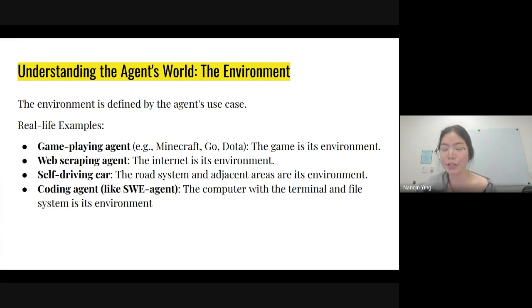The textbook mentions a lot of examples. For a game-playing agent, if you're playing chess, the chessboard and the rules of chess constitute the environment. If the agent gathers information from websites, the internet itself is the environment. For a self-driving car, its environment includes roads, traffic signals, and other vehicles.